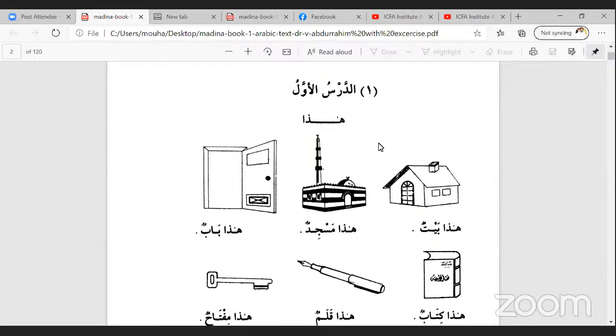But what we need to know is that every single noun in Arabic is either masculine or feminine, whether they are human beings or animated beings.